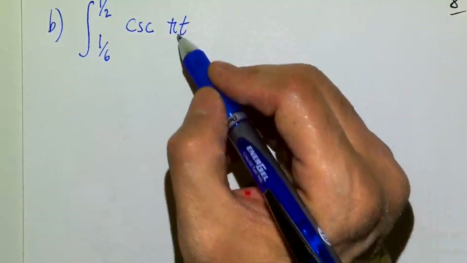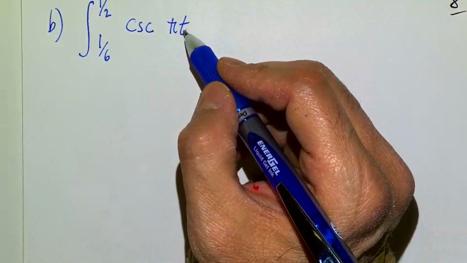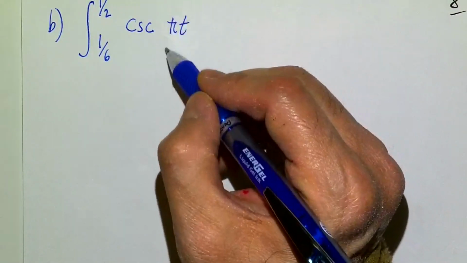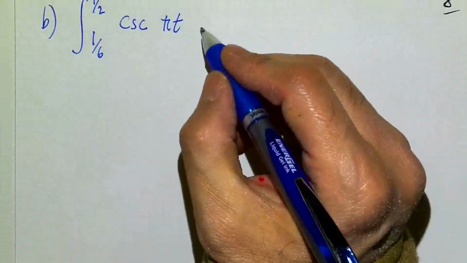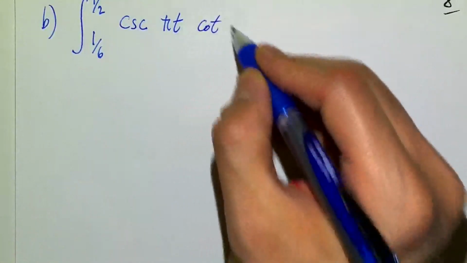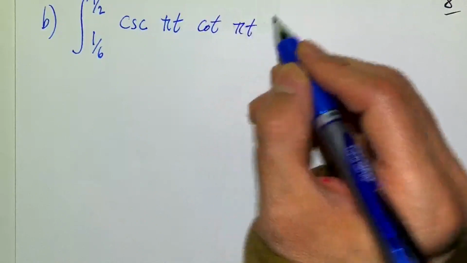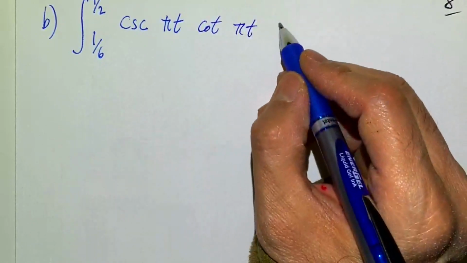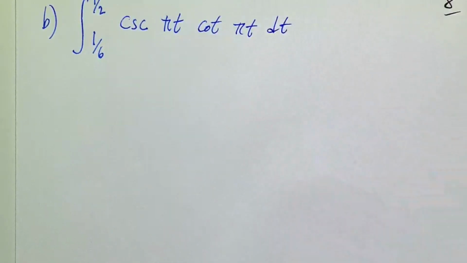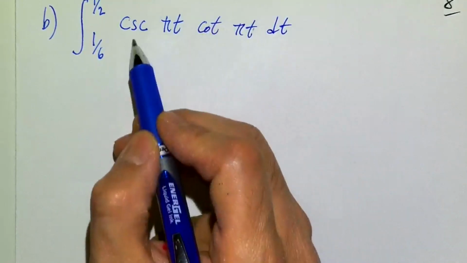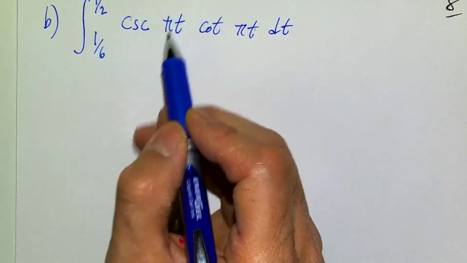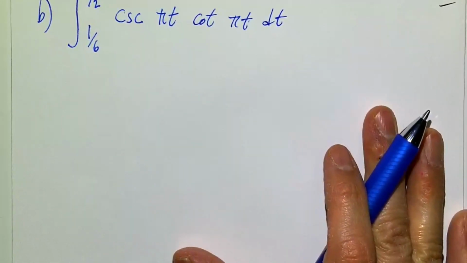But if I was writing this in my own notebook, I would put parentheses around that. And feel free to do that. It's just a visual aid. But I want to stick with what the book did. The argument of the cotangent function is pi t, and the argument of the cosecant function is pi t.